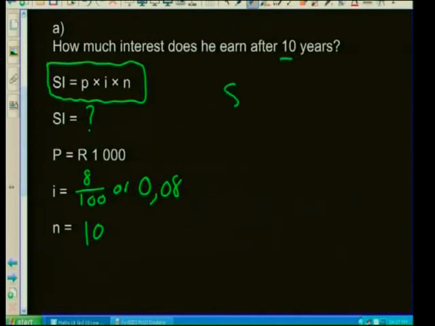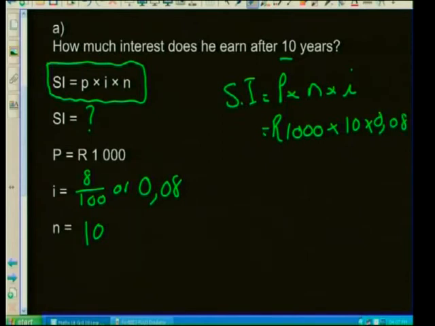I'm going to say, right, SI equals P times N times R equals, what's my P? It's 1,000 rand. Times N, what's my N? It's 10. Times R, what's my R? 0.08. And that's going to tell me how much interest.